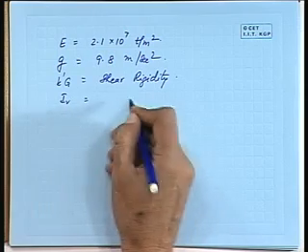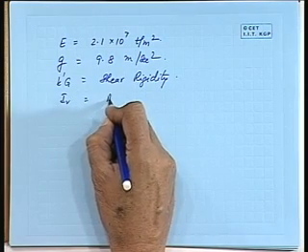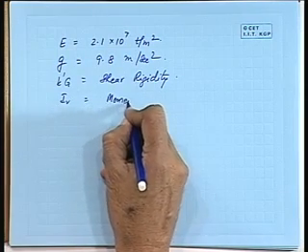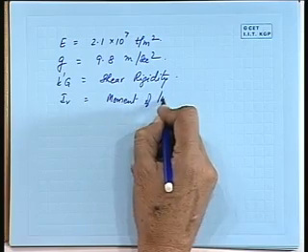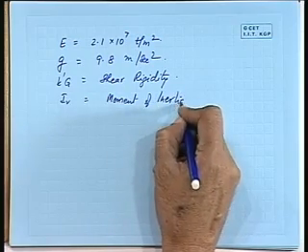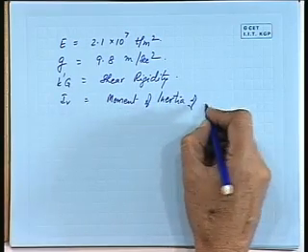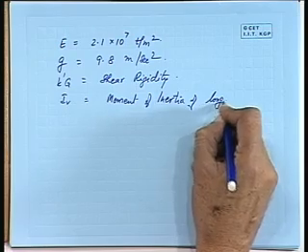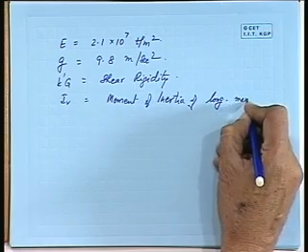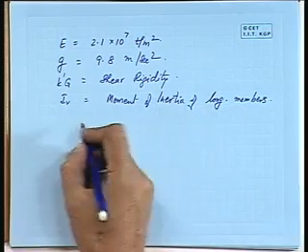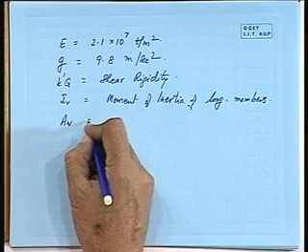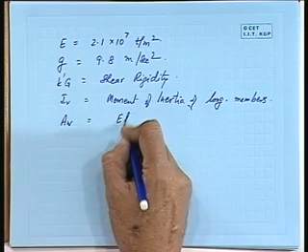IV is the moment of inertia of longitudinal members. AW is the effective shearing area.